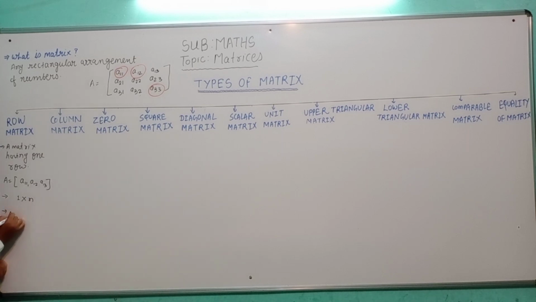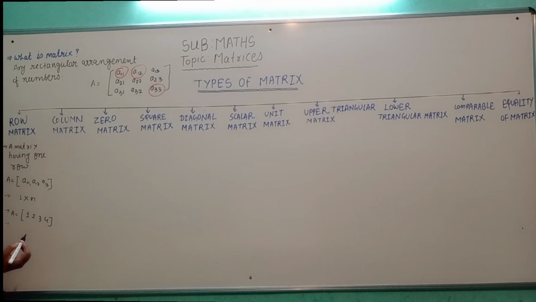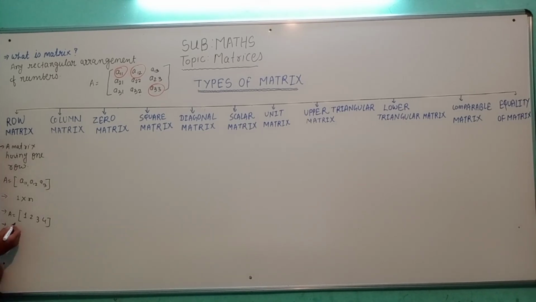Similarly, we can take another example over here, 1, 2. Let us see another example. B is a matrix with row A, B, C. Students, here you can see that the dimension of this matrix is 1 by 4 and the dimension of this matrix is 1 by 3.